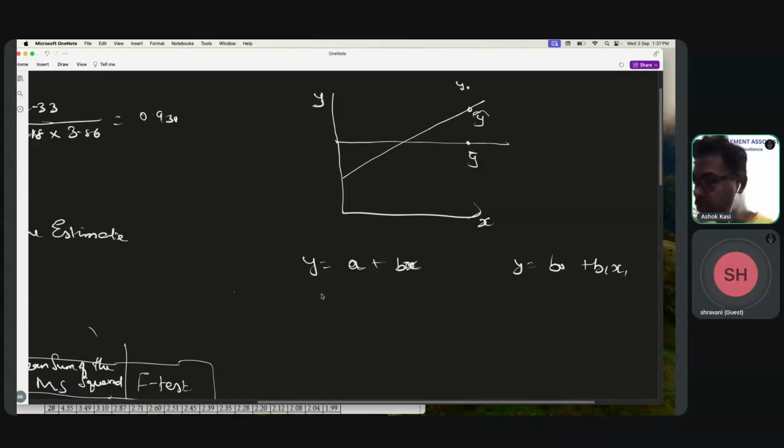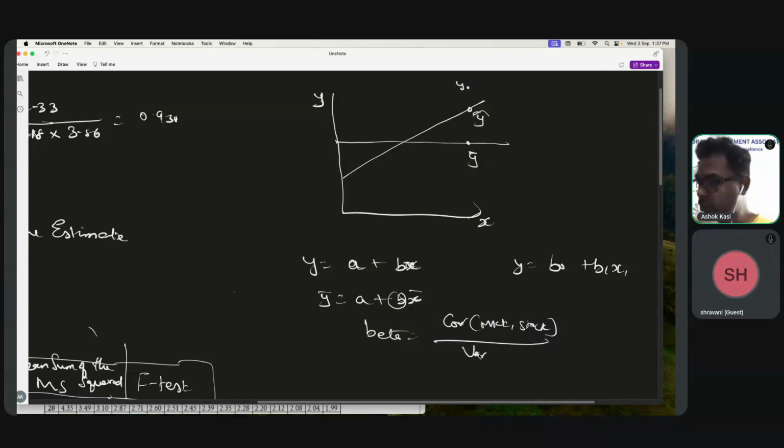Based on this equation I can say y bar is equal to a plus b x bar, and beta's formula is beta equal to covariance by variance. Covariance of market comma stock divided by variance of stock.